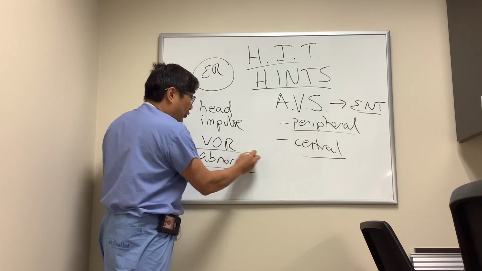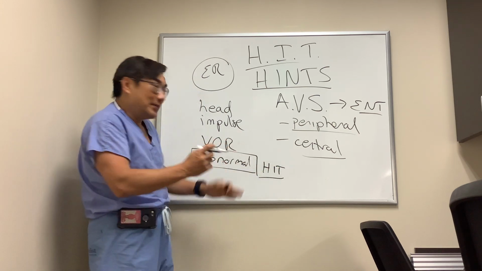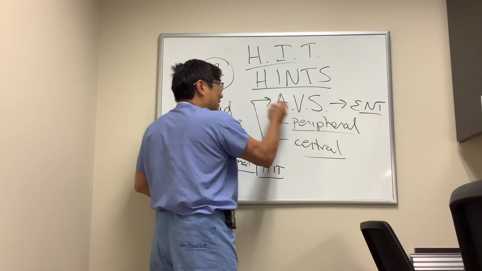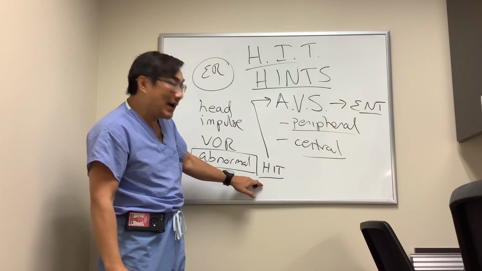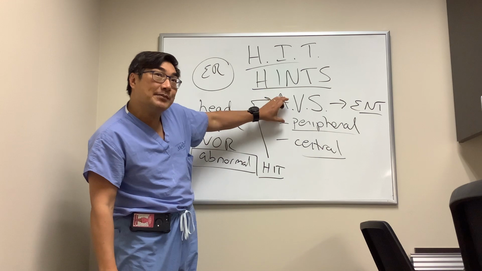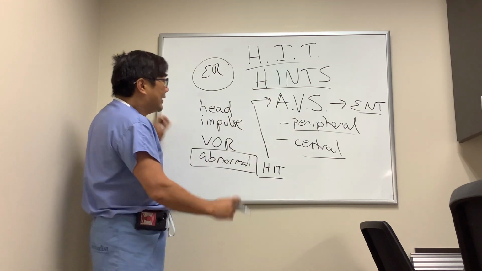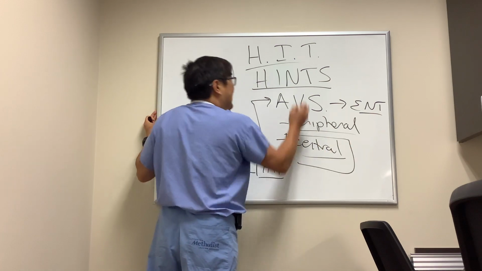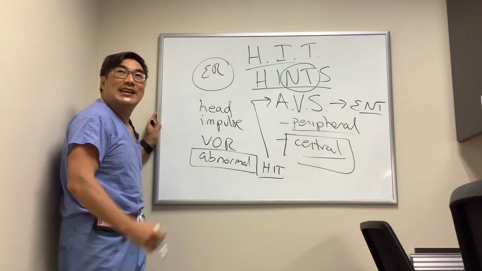And believe it or not, for an ophthalmologist, an abnormal HIT test is good, because what that means is it's ENT. It's likely to be peripheral if you have an abnormal HIT, because that is an asymmetric input from the vestibular ocular reflex, and that can go to ENT. The dangerous one is central, and that's why you have to add onto the HIT test, you have to add the HINTS.